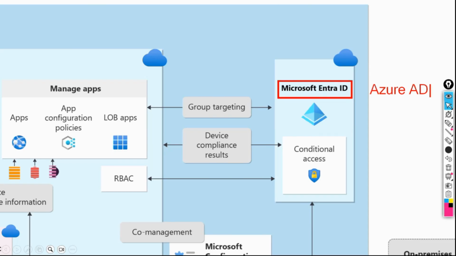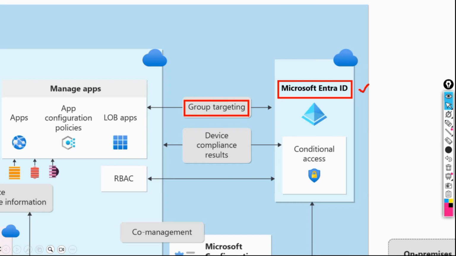It's a new term which they have given. It's like your on-premises Active Directory, the same thing now in the cloud. What it does is ensure that whatever user or device information is on your on-premises side will be synced with Microsoft Entra ID as well, through which we can create groups.